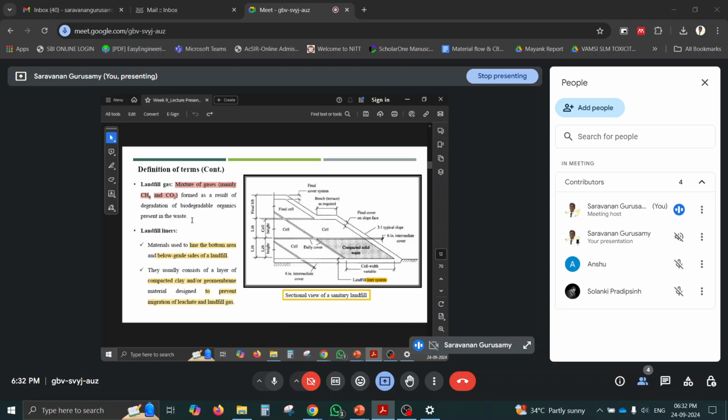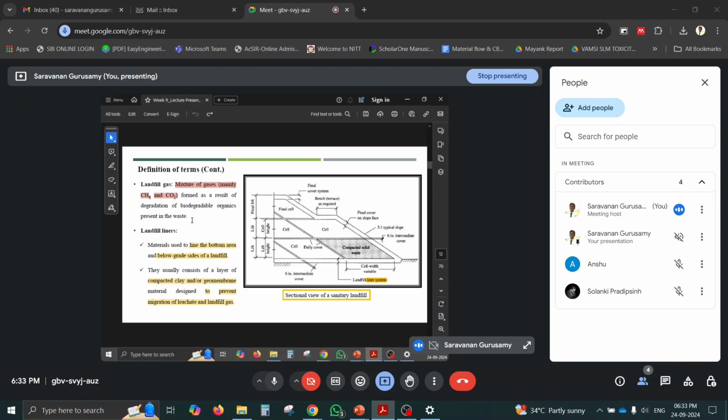If we avoid organic waste entering the landfill, there is no landfill gas generation. So we can prevent biogas generation, because the methane coming out has a greater greenhouse potential. If carbon dioxide is taken as one greenhouse potential, then methane will be 24 times.